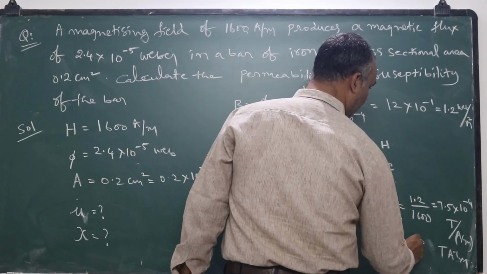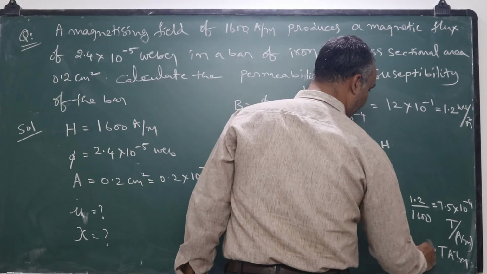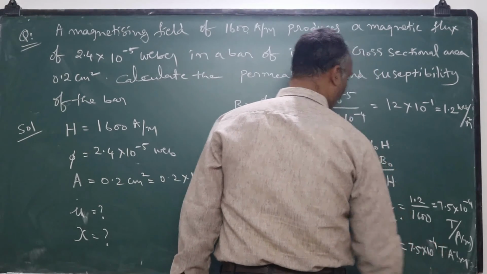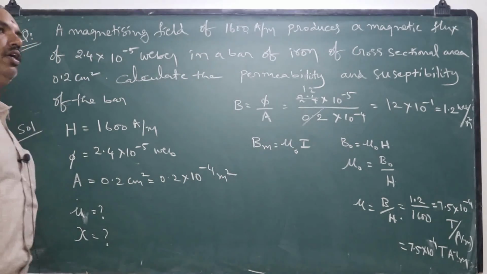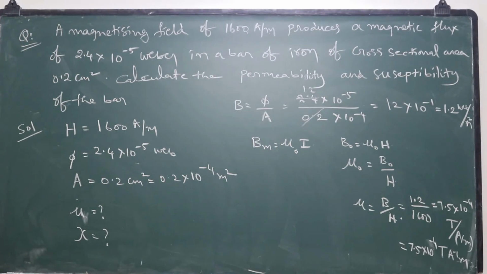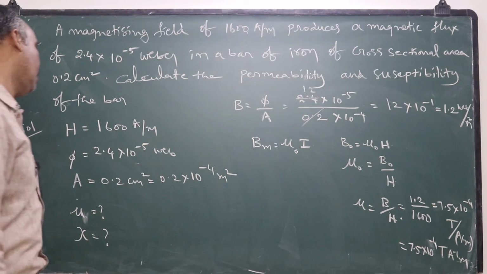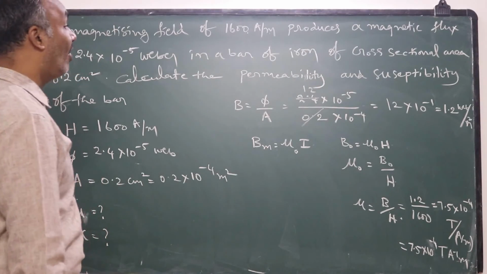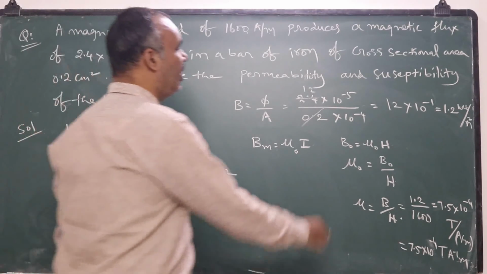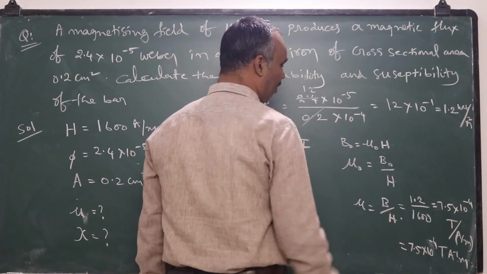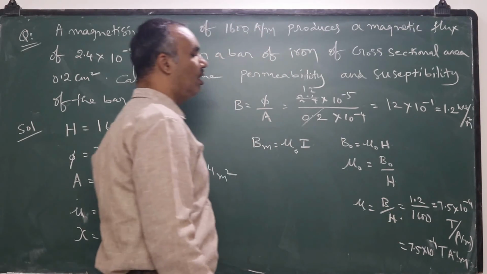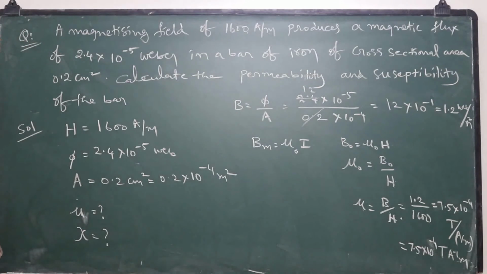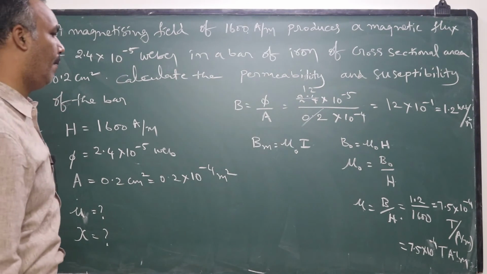The value is 7.5 into 10 power minus 4 Tesla per ampere into meter, which are the units of magnetic permeability of the material. Of the medium means B naught by H you should take. Of the material means magnetic induction of the material by magnetizing field you should take into consideration.